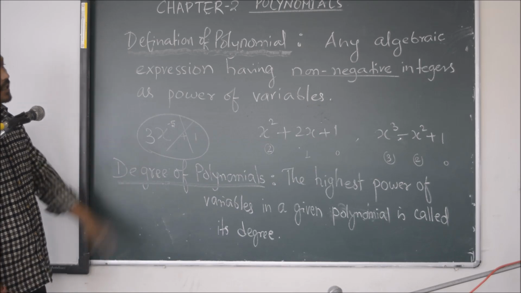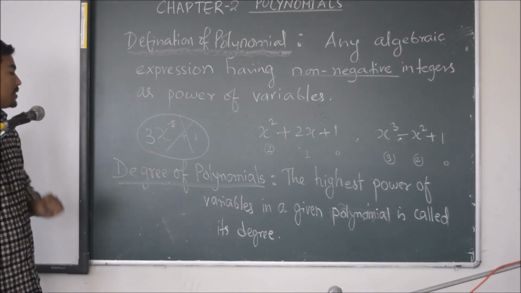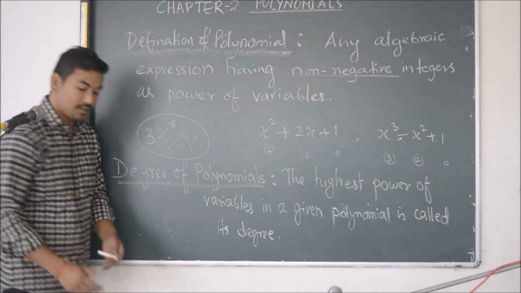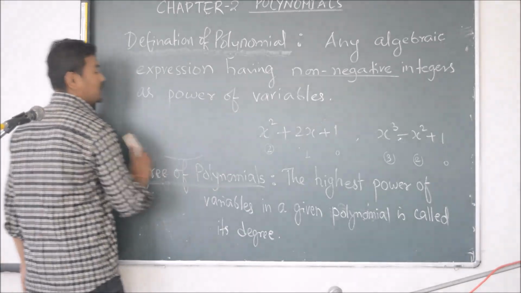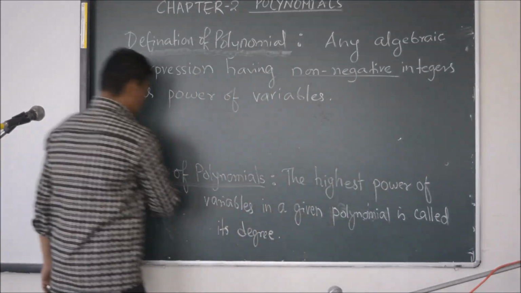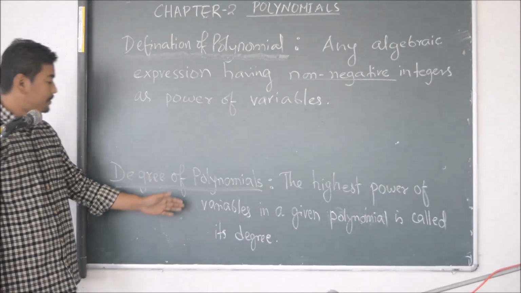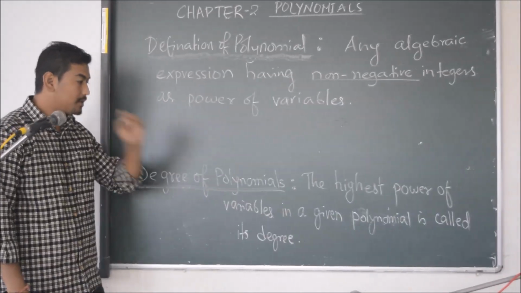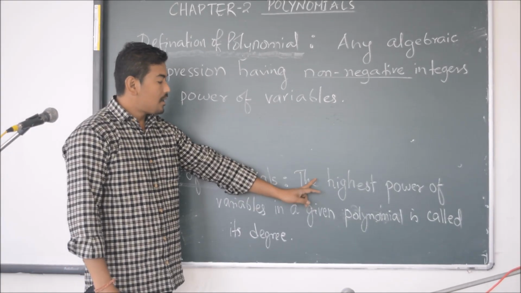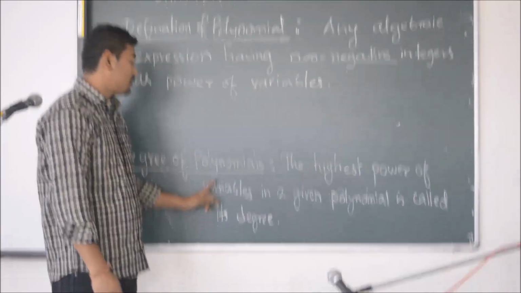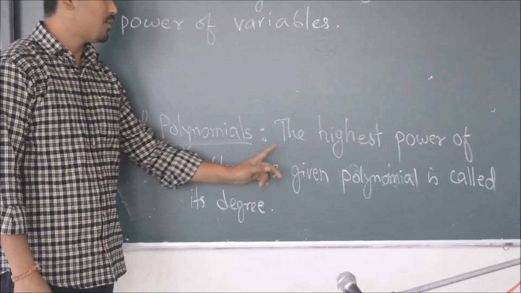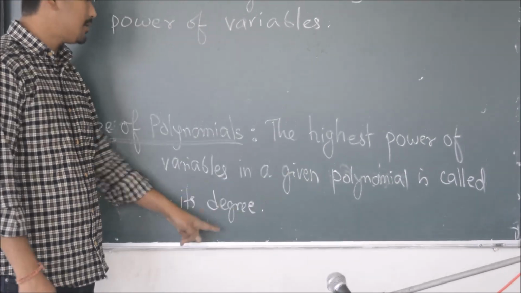Another important concept you should learn is the degree of a polynomial. So what do you understand by the degree of a polynomial? Here you can see I have written what the degree of a polynomial is. It's like this: the highest power of the variable in a given polynomial is called its degree.